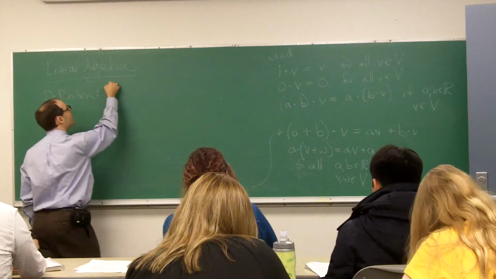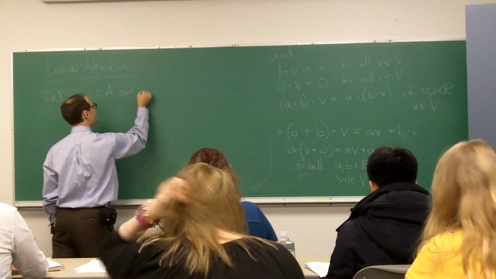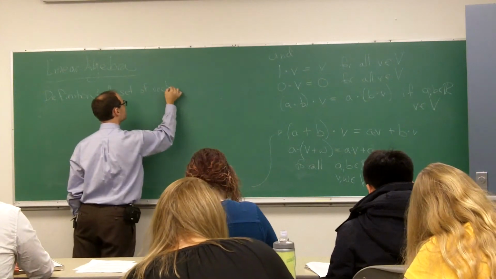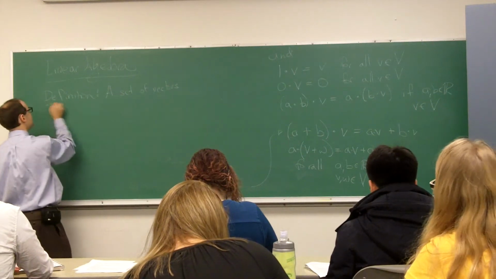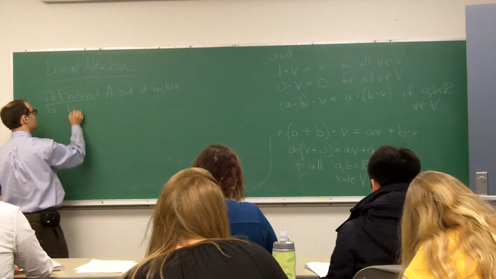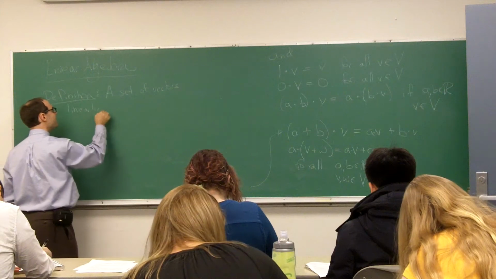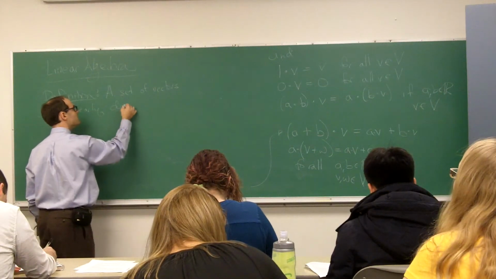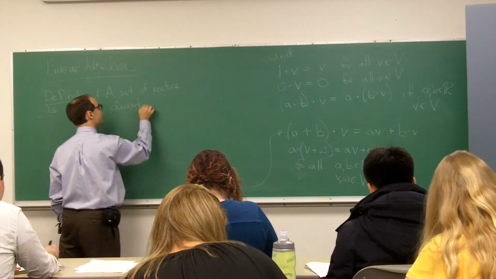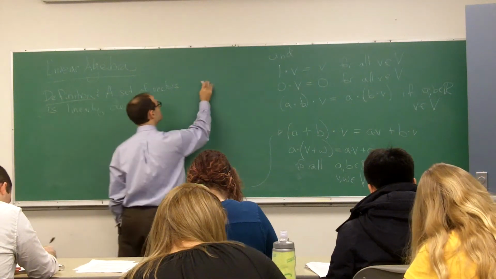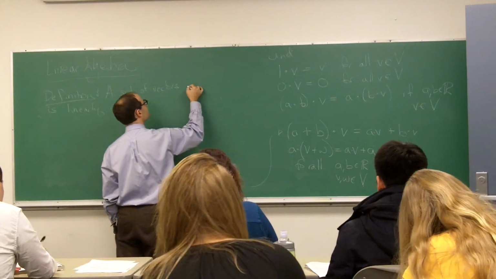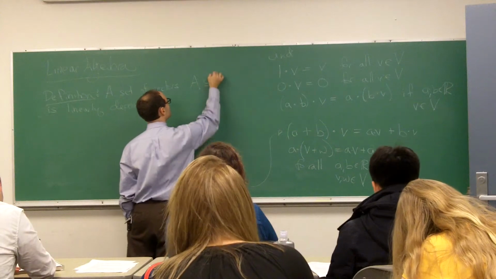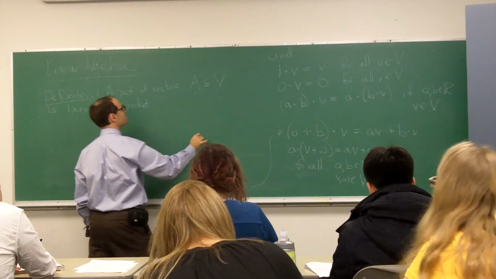So a set of vectors is linearly dependent. Let's see here, I'll call that set A, a subset of V. V is my vector space.